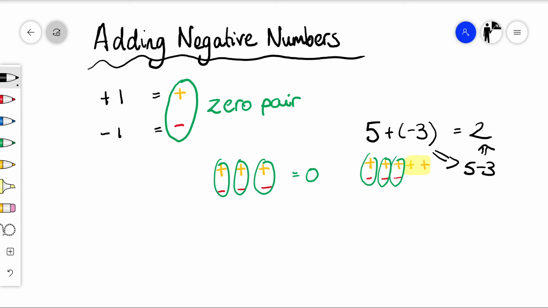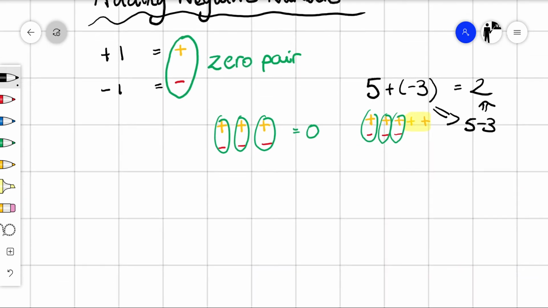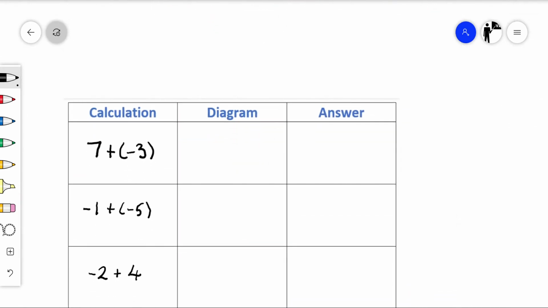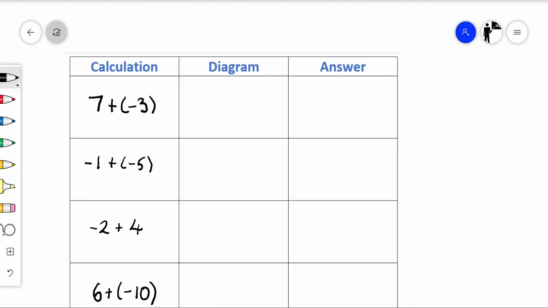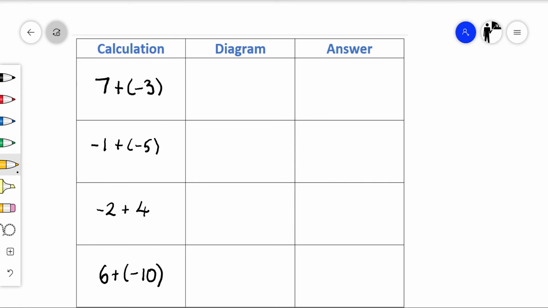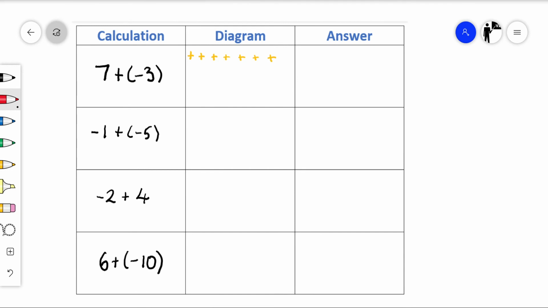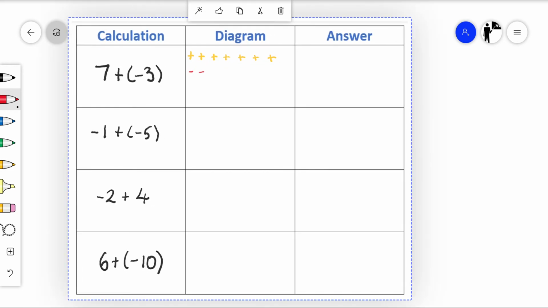I've got 4 examples prepared to exemplify this and how the diagrams can help us. Calculation number 1 is 7 plus negative 3. If I wanted to draw a diagram, I would have 7 positives, 4, 5, 6, 7, and I would have 3 negatives. 1, 2, 3.